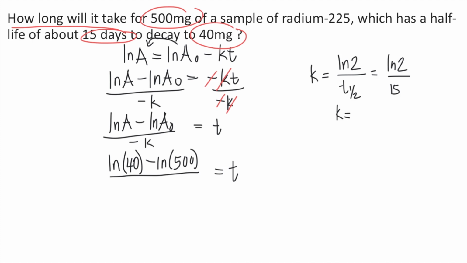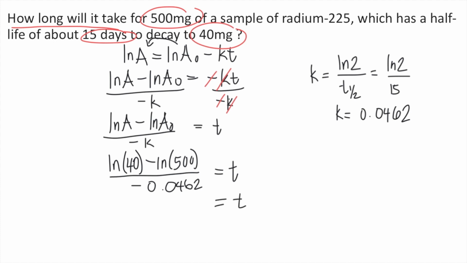So if you solve it in your calculator, ln of 2 divided by 15, that is approximately 0.0462. Okay, so that is K. So you put that in the denominator, negative 0.0462.